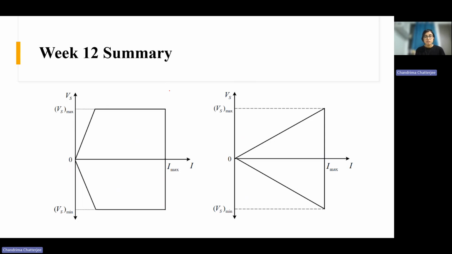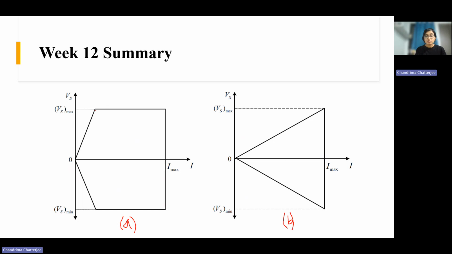So here also there are two control modes. There is voltage control mode and there is reactance control mode. What is voltage control mode?